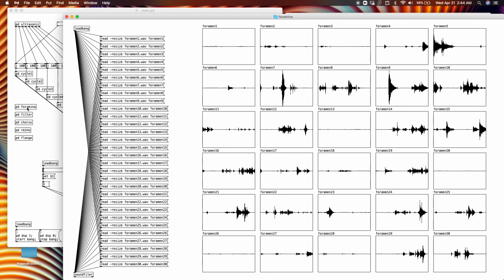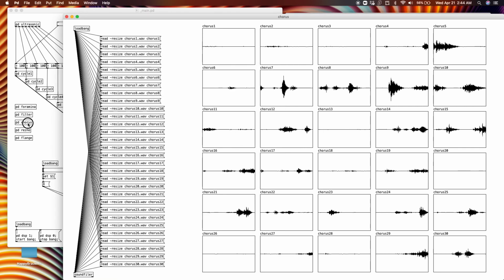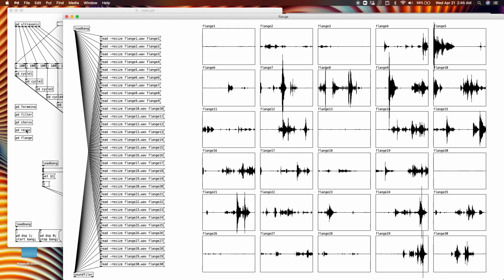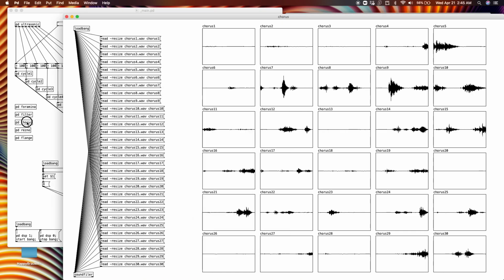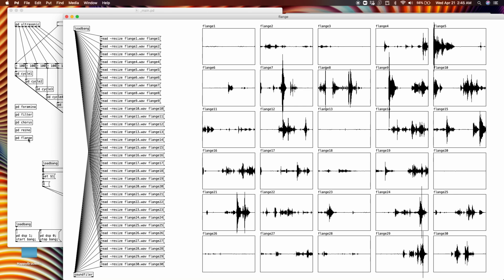So this is the bank of sounds. It's 30 tiny little clips between half a second and 2 seconds long of the porcelain crinkling against each other, and each of these banks are those exact same sounds in the same order, just with different effects.